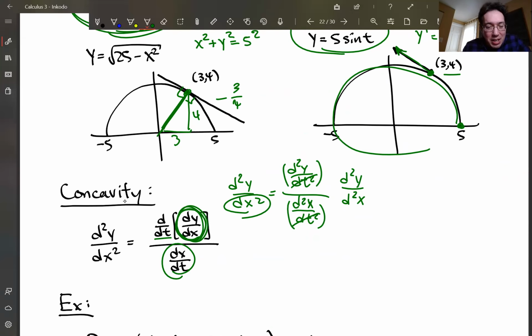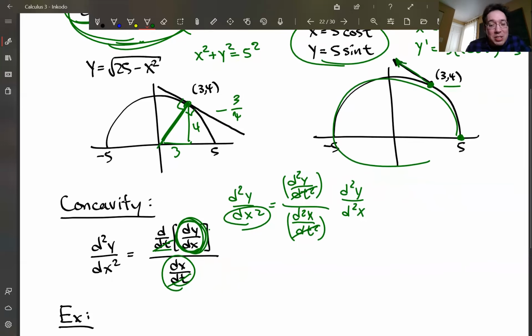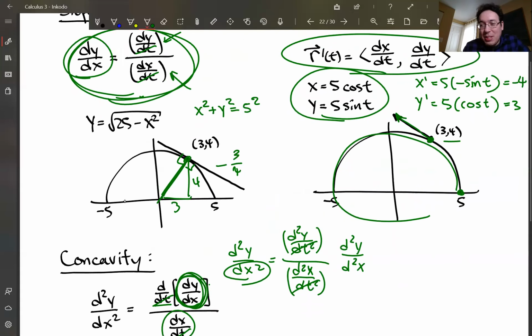And then the dt will cancel out, and you'll have d squared y over dx squared. So let's actually do an example. So this makes sense.